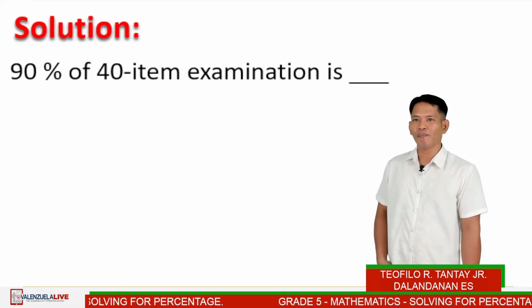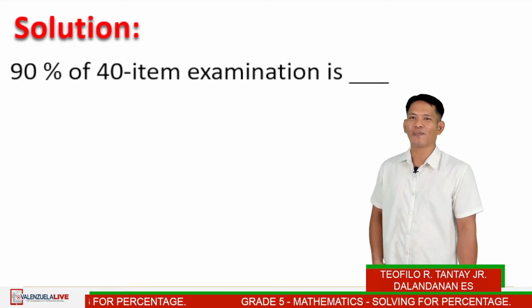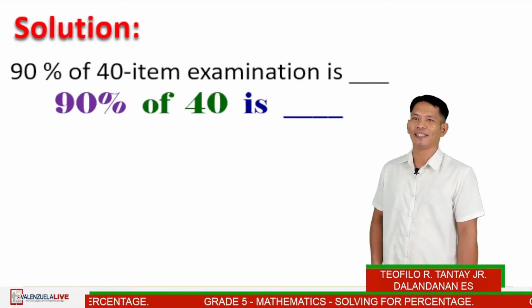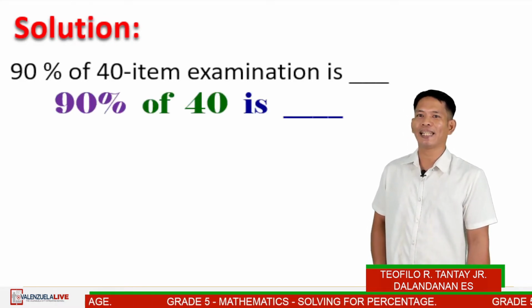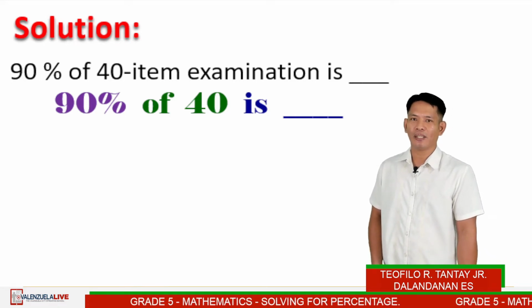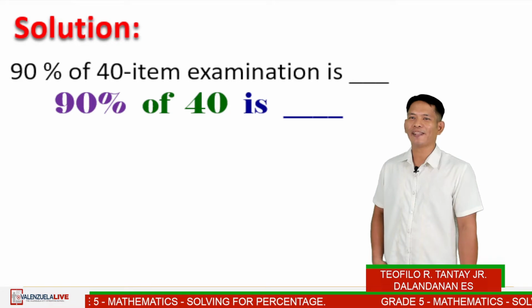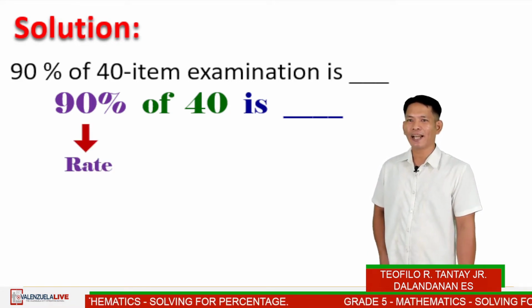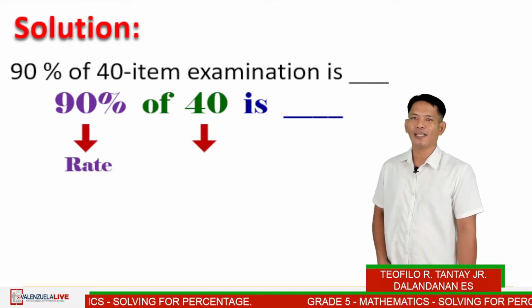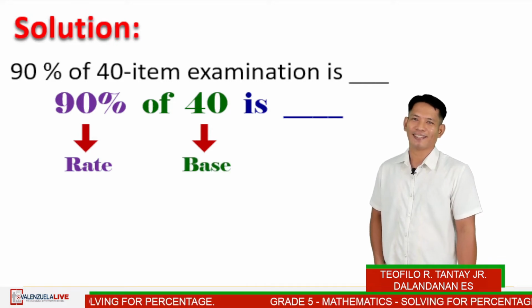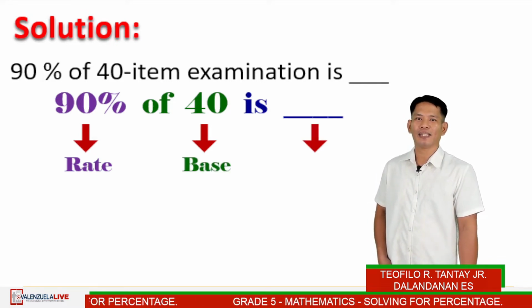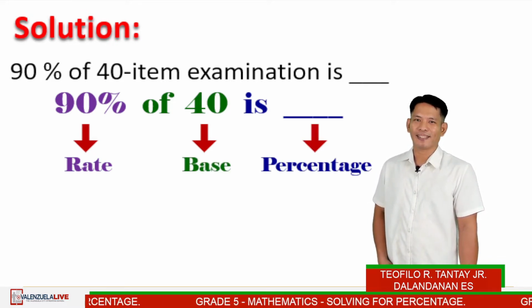The first problem can be written as 90% of a 40-item examination. It can also be written as 90% of 40 is blank. In this statement, 90% is the rate and 40 is the base, and the missing element is the percentage.